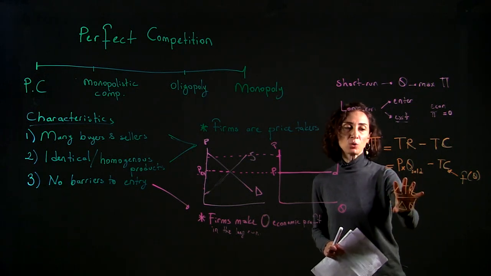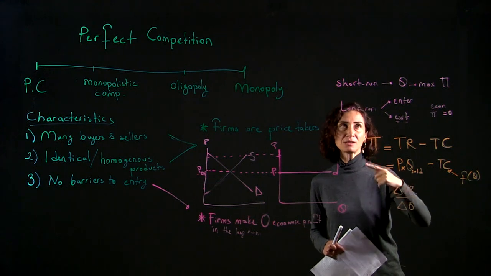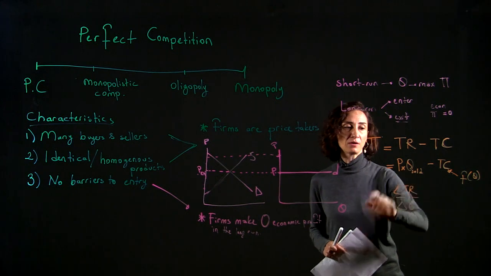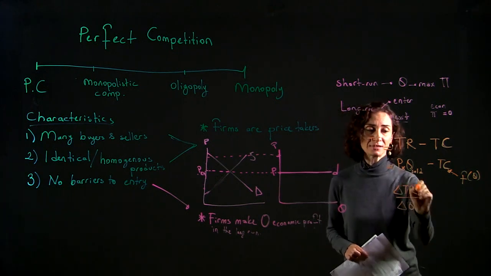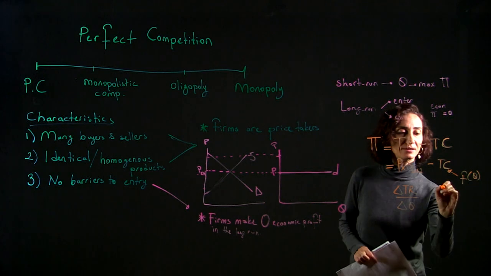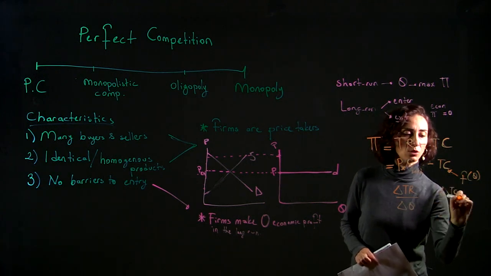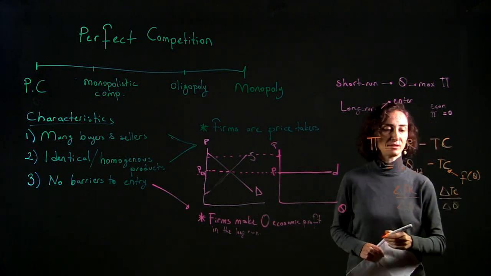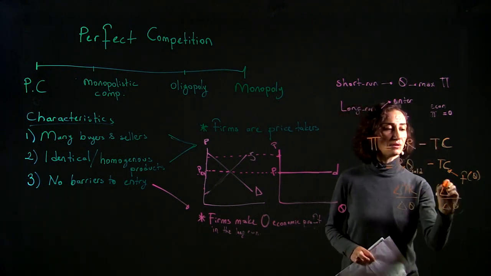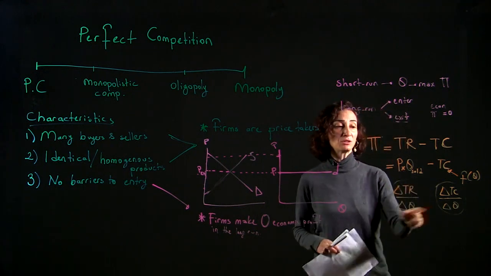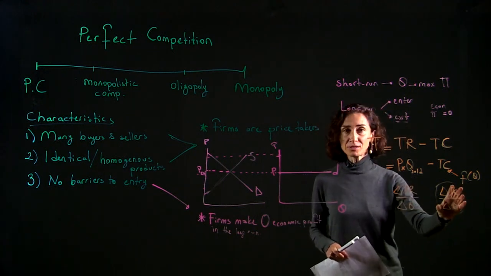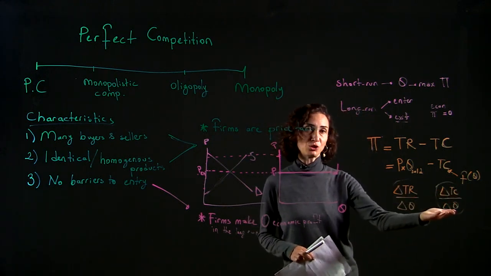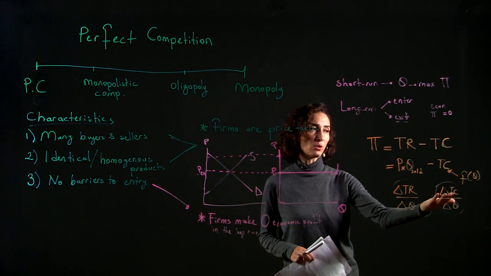So how much my total revenue changes when I increase output by 1, from 2 to 3, from 3 to 4, from 4 to 5, and then I want to compare this with change in total cost divided by change in quantity. Now, what is this? We have already covered this. This is, again, definitionally marginal cost, the derivative of total cost. Okay?